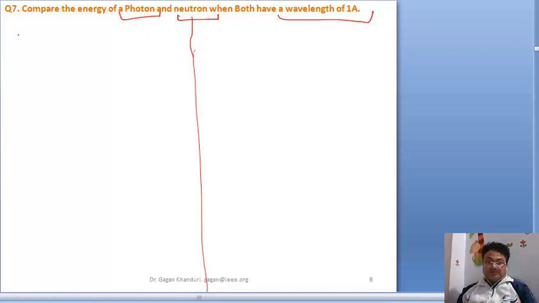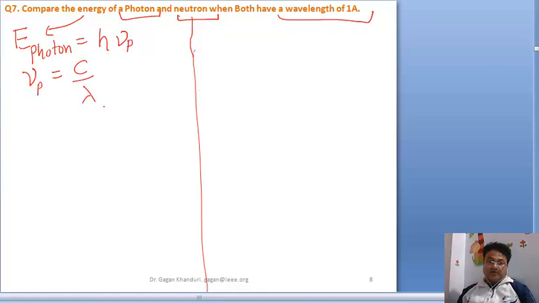Okay, so let's write energy of a photon first. What do you know about energy of a photon? We all know the relation E equals h nu, h into frequency. We also know that frequency nu can be given as c by lambda, if you are talking about photon.